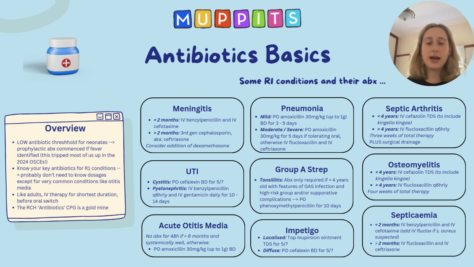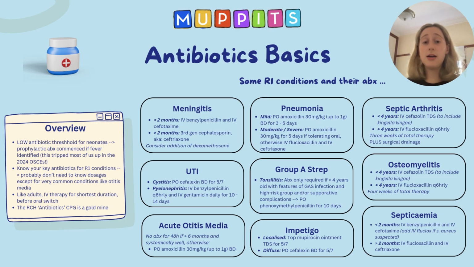Acute otitis media really depends on how systemically unwell this child is, because if they are greater than 6 months old or if they're not systemically unwell, don't give antibiotics for 48 hours. There are also some other criteria that will be touched on in Paeds and GP as well.